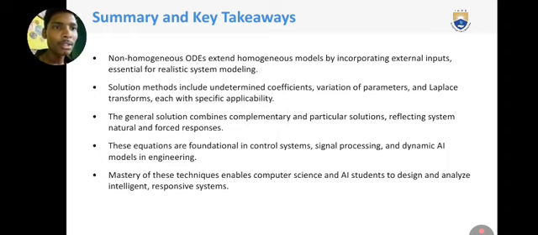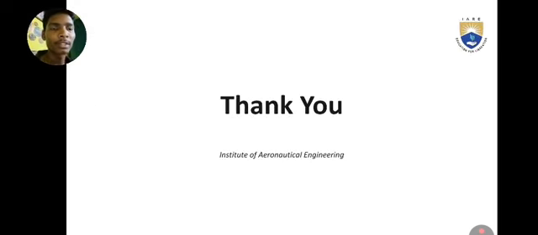The general solution combines complementary and particular solutions, reflecting the system's natural and forced response. These equations are fundamental in control systems, signal processing and dynamic AI models in engineering. Mastery of these techniques enables computer science and AI students to design and analyze intelligent, responsive systems. Thank you.